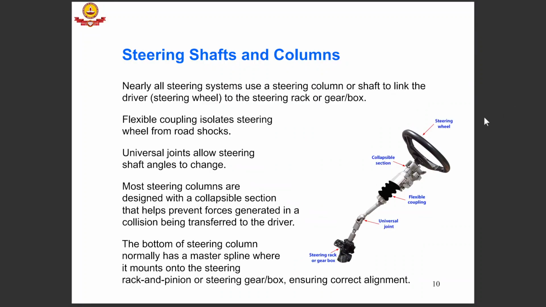So this is the steering shaft and column. We have the steering wheel, we have a collapsible section, a flexible coupling, and since these two are misaligned, there is a universal joint, and finally a steering rack or a gearbox. So the idea behind collapsible steering column is that it helps prevent forces generated in a collision being transferred to the driver.